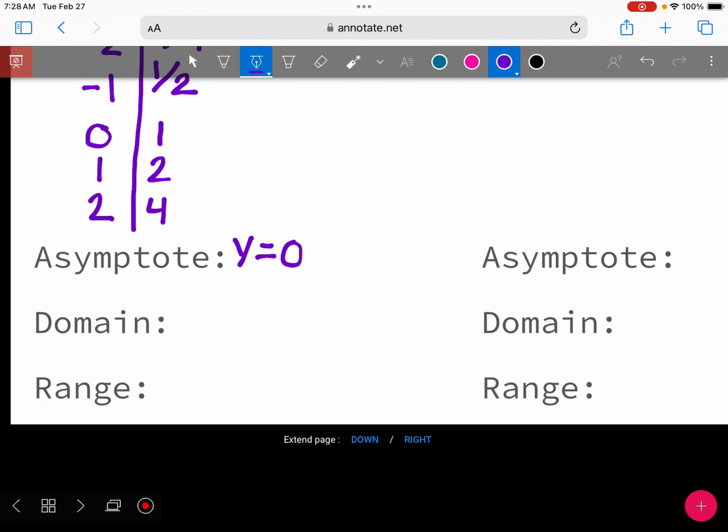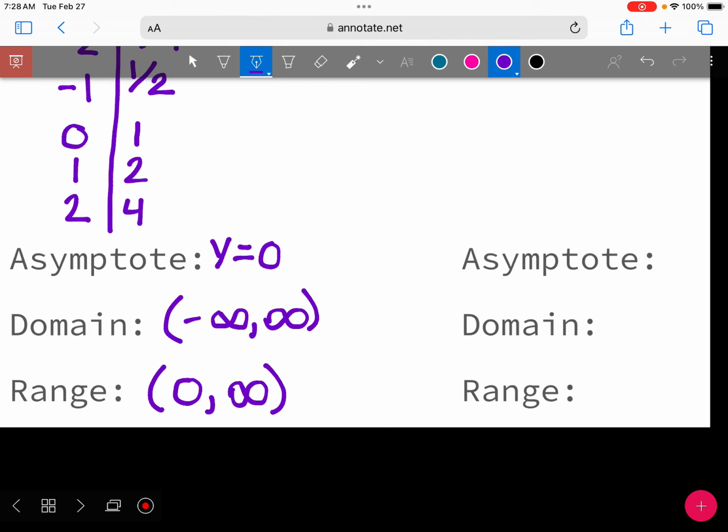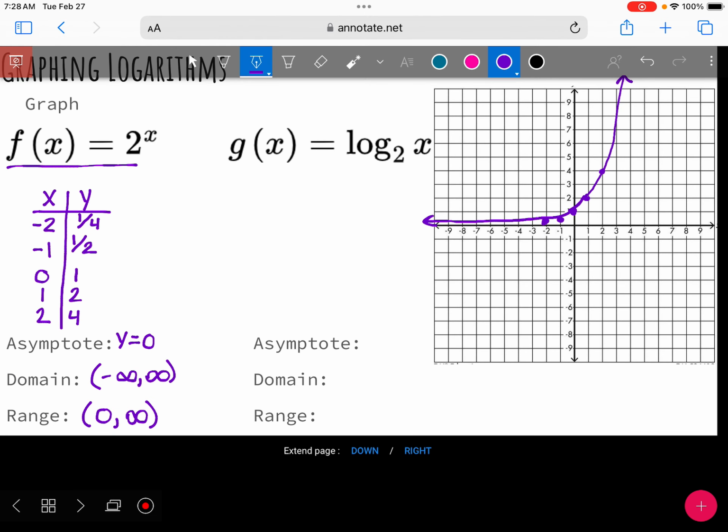We wound up with a domain of all real numbers, or from -infinity to +infinity, and a range from 0 to infinity. Again, this is last chapter stuff, so it should be hopefully at least vaguely familiar.